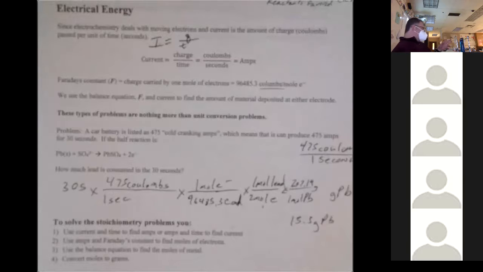The reverse reaction. As they pump electricity into it, it becomes an electrolytic cell, which then does what to that 15.3 grams? Deposits it back on the anode, right? So that this whole thing can come over and over and over again.